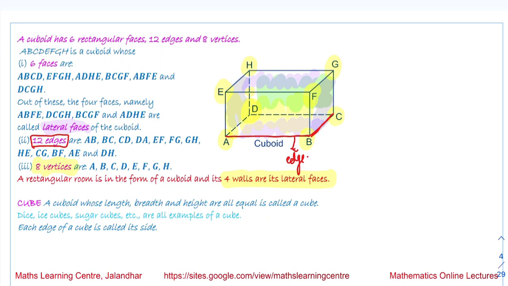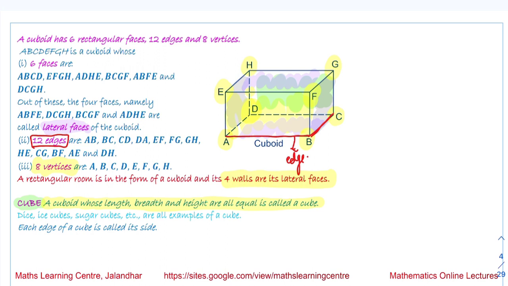Next is a cube. This is the definition of a cube: a cuboid whose length, breadth and height are all equal is called a cube. When we talk about a cuboid, it is made up of rectangular faces, and when we talk about a cube, it is made up of square faces.